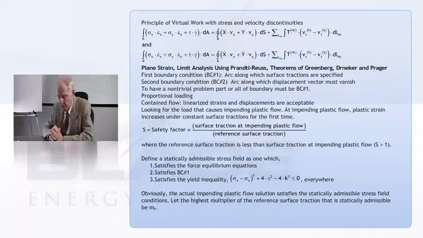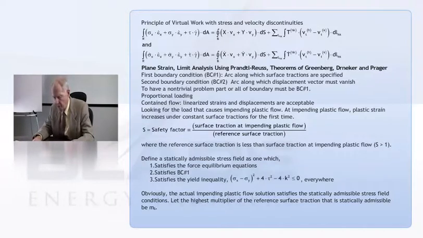So the first boundary condition is that on part of the boundary you specify these surface tractions, T and N. And the second kind of boundary condition is that on that part of the boundary, the velocities vanish. They don't have a finite value, they vanish. So the entire boundary is made up of just those two kinds. So we're looking at a certain restriction on the kind of problems that we're going to look at.